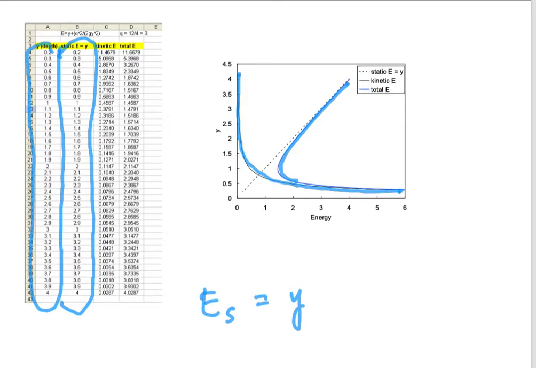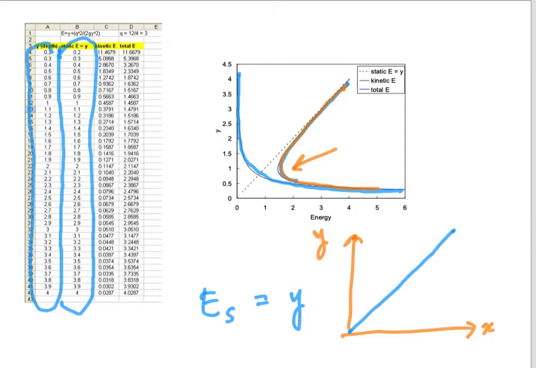If we want to draw the total curve of the specific energy, we need to draw it like this. The idea of drawing the specific energy curve is, first, if you have an x-axis and y-axis here, you draw the static energy, which is the straight line.